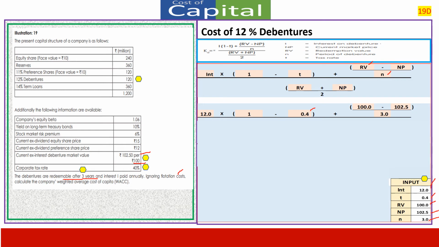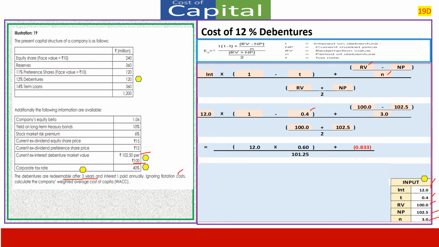Once we do this on the numerator, we come to denominator. 100 plus 102.5 divided by 2 for average capital employed. Then we have got 12 into 1 minus 0.4 means 0.6, plus 100 minus 102.5 divided by 3, that is minus 2.5 divided by 3, which is minus 0.833.